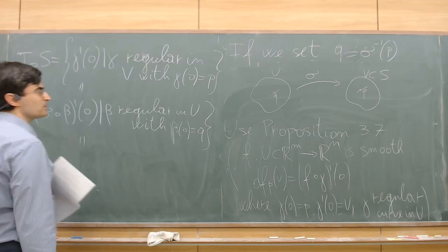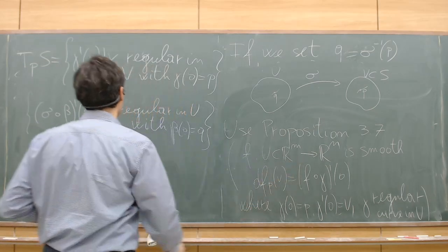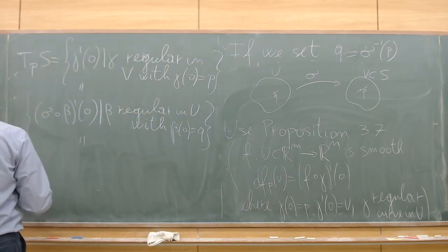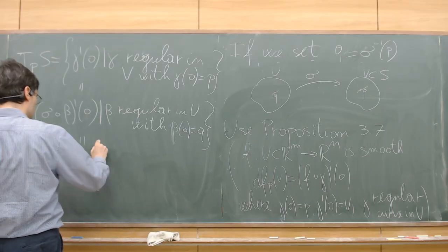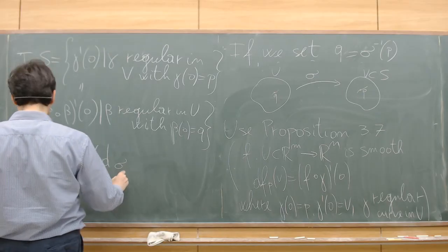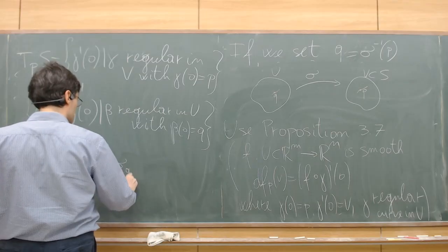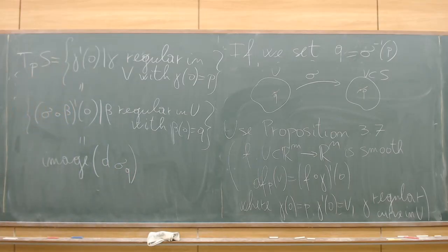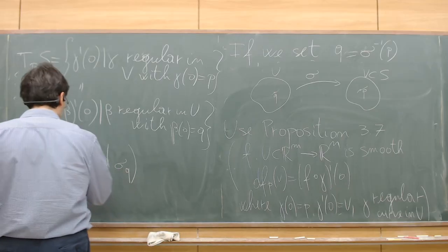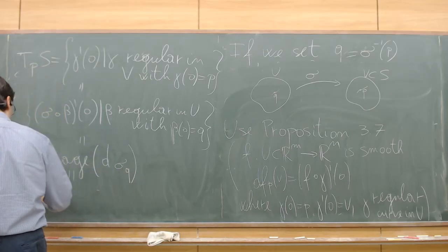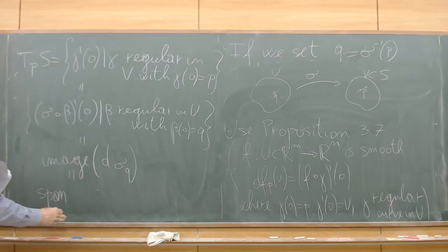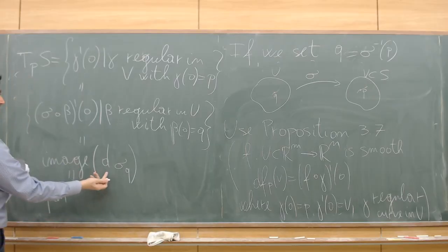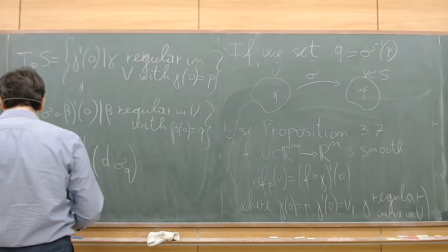But this proposition says that this is nothing but the image of the differential of sigma at Q. But the image of the differential of sigma at Q, we already know it is the span of the two columns of the matrix representing this map.